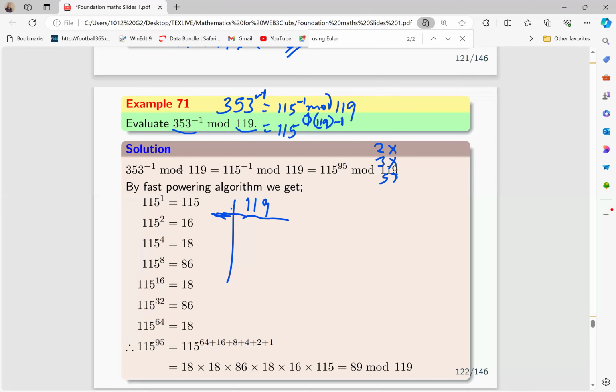Again, it cannot. 7 can divide this. 7 divides, 10 divides this. So the prime factors, therefore, are 7 and 17.